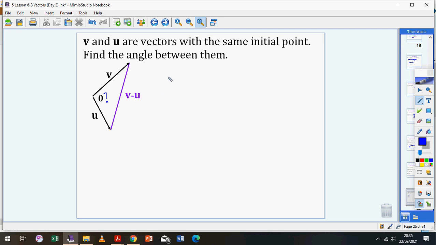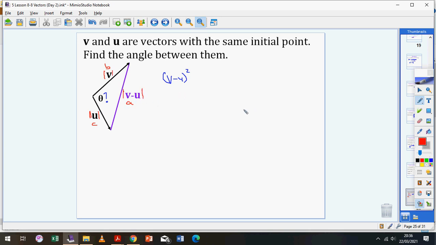v minus u squared, that side squared, imagine this was side A. Imagine this was side A and this is side B and that is side C. But each of these sides, since they are numerical values, this is representing the magnitude of u, the magnitude of v, and the magnitude of u minus v, or v minus u.